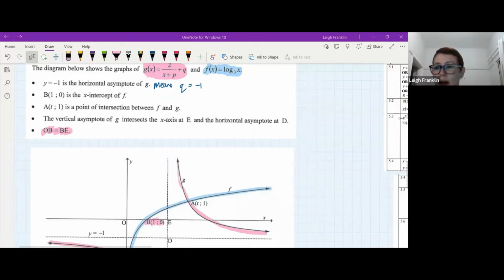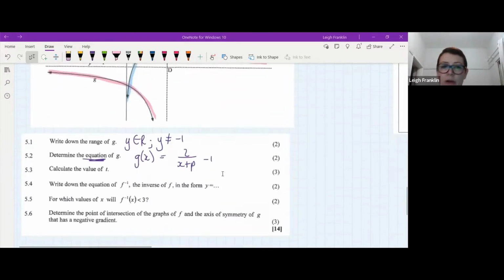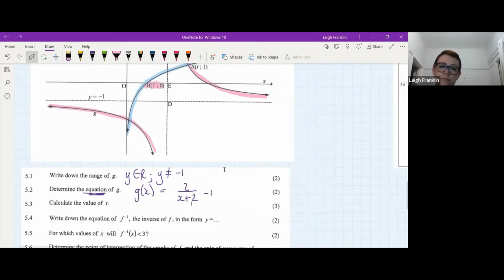Right. So now, if I did this, am I correct? Hang on a second. Don't write this down. Well, there's a hint. Is that right? What do you think? Am I correct in what I've written?